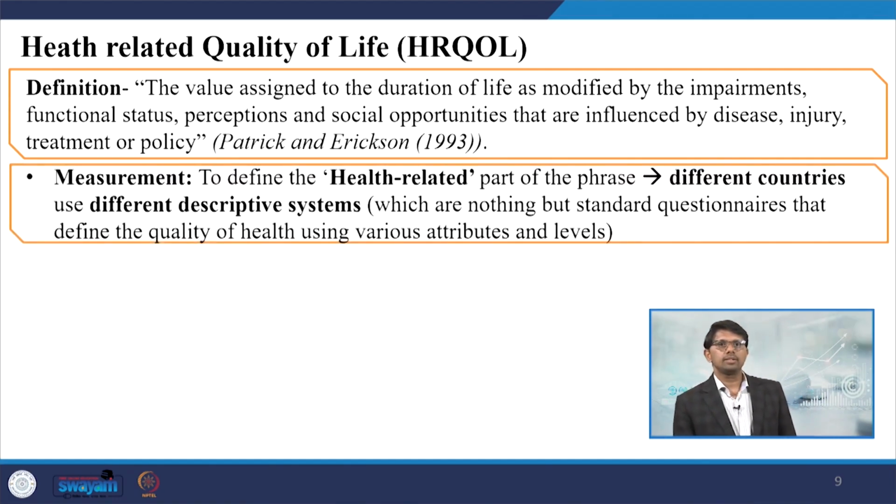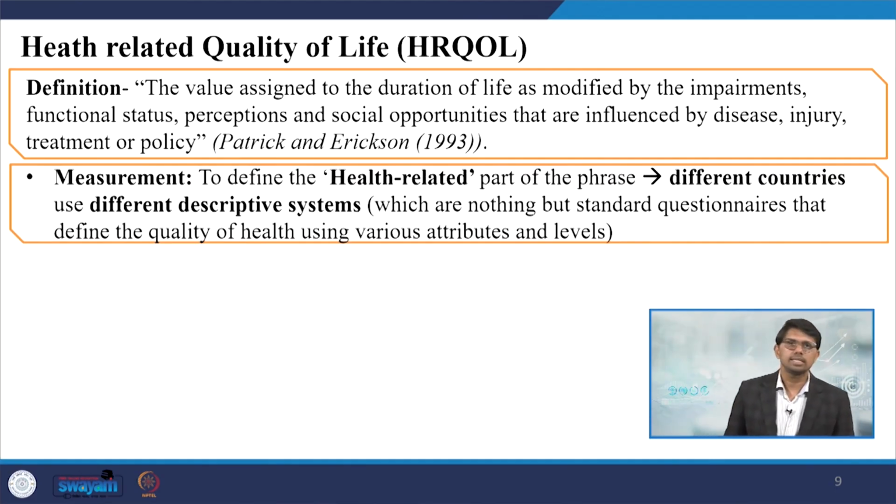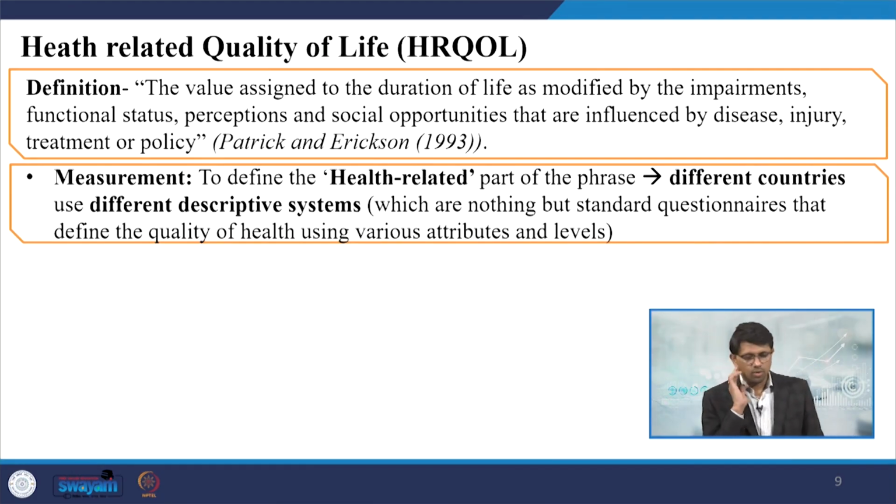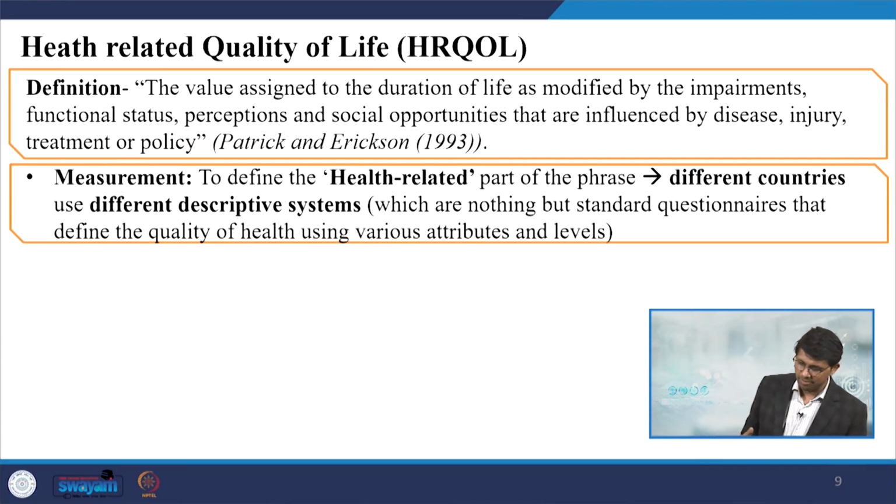So, the measurement here is to address health related aspects. Since the phrase is written as health related, no specific health variable is given. Since the word related is attached, different countries use different descriptive systems, which are nothing but the standard questionnaires that define the quality of health using various attributes and their respective labels.